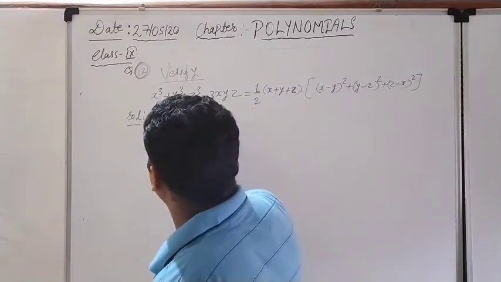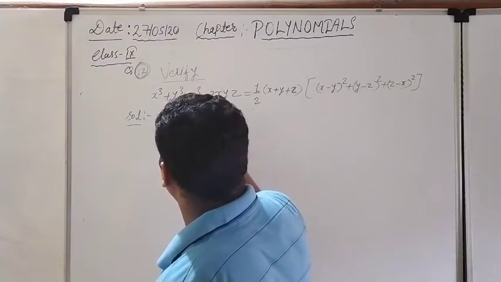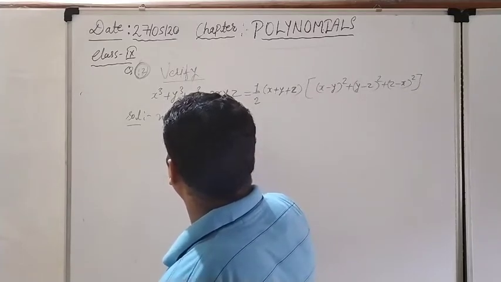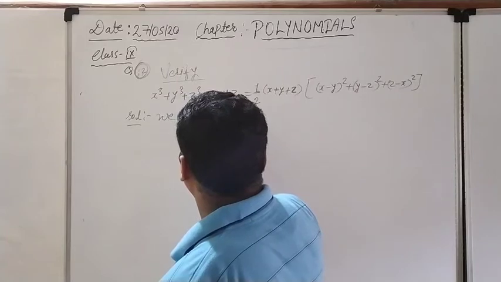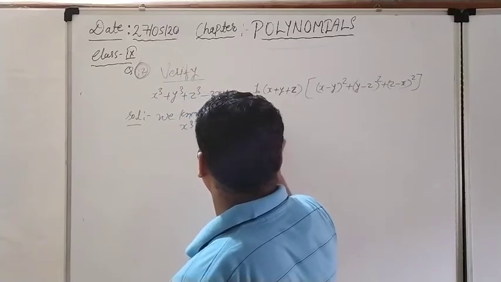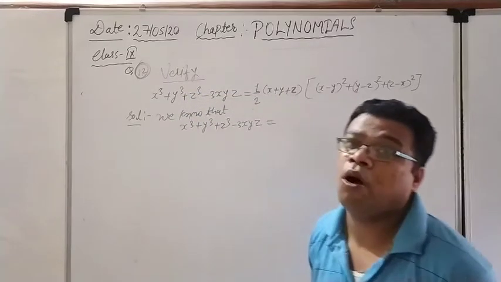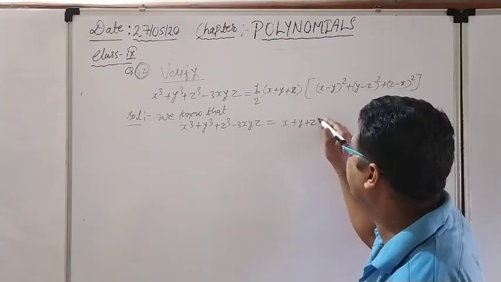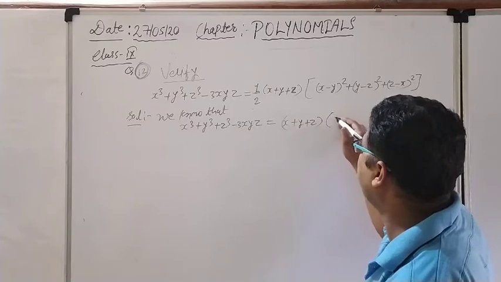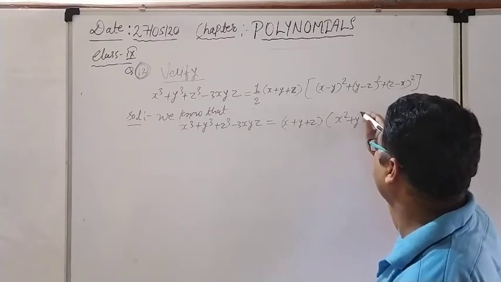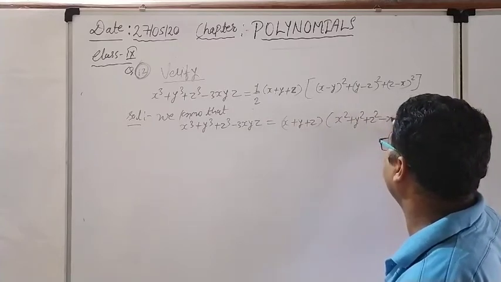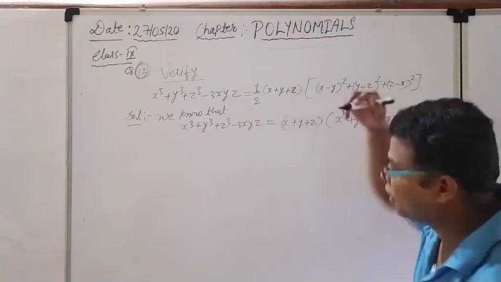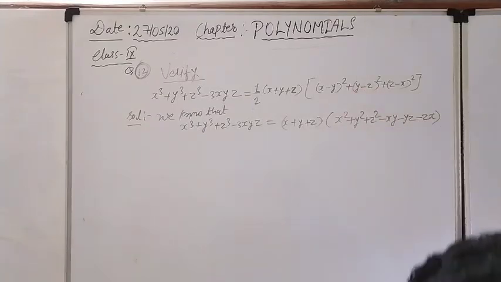What do we know? x cube plus y cube plus z cube minus 3xyz is equal to x plus y plus z inside one bracket, and x square plus y square plus z square minus xy minus yz minus zx. Is it okay or not? I think it is okay.